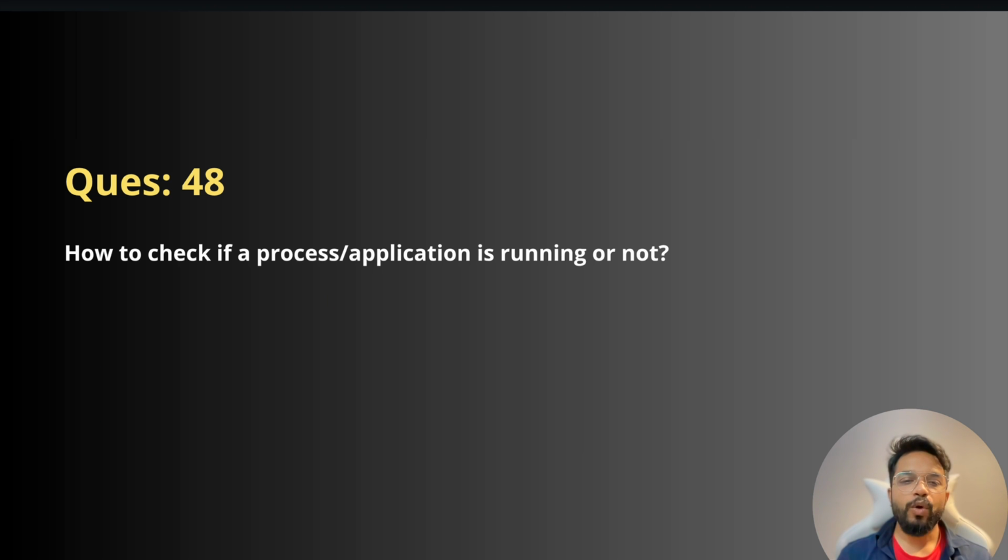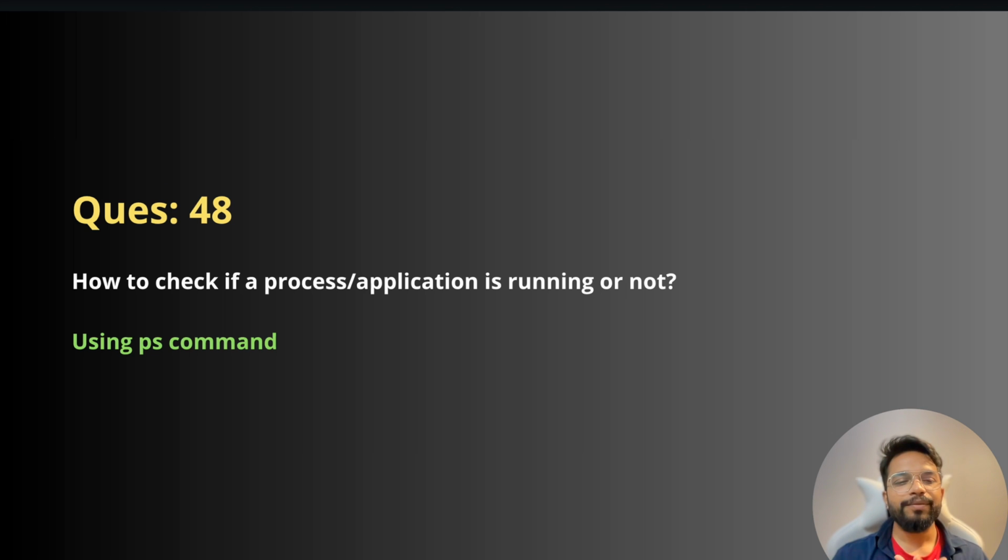How to check if a process or application is running or not? For example, you have started an application on a Linux server. How can you check if it is running? We can use the ps command, which stands for process status. Whenever you start an application, it is converted into a process, so you can check the status of the process.